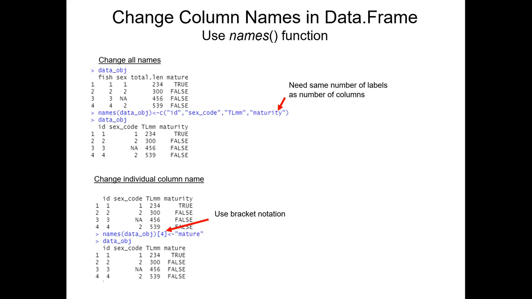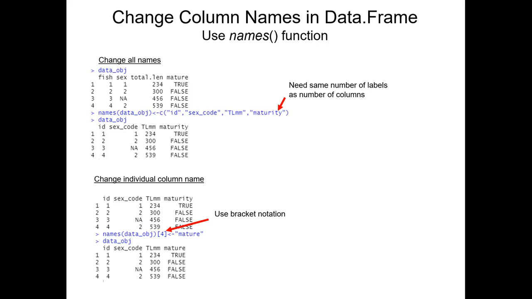You could also change individual column names. This right now just specifies all column names. And so you have to have the same number of names for all those columns, but you can do it individually too. So below, you'll see the example where we kept the data frame that we just changed, but we wanted to change maturity back to mature.